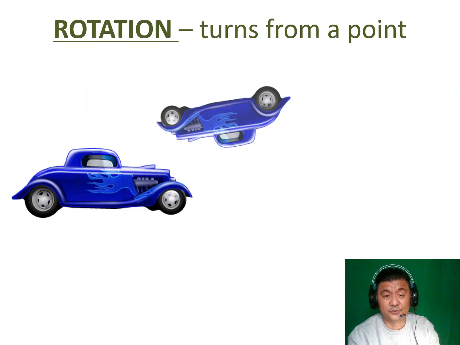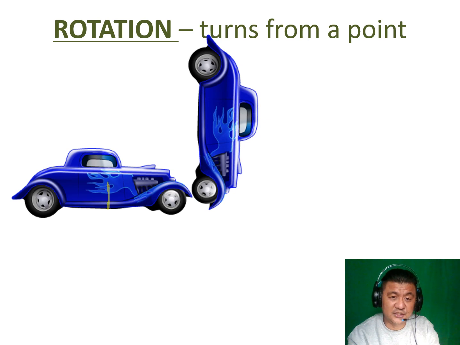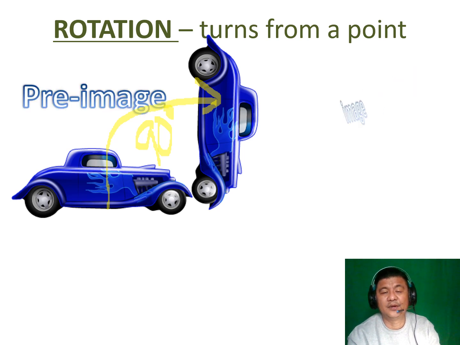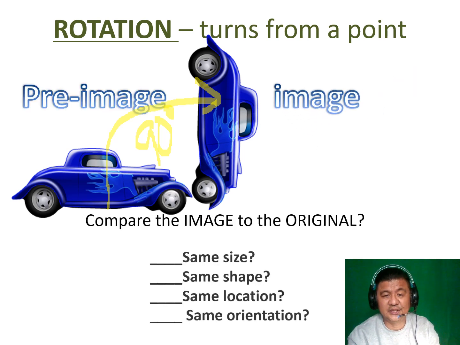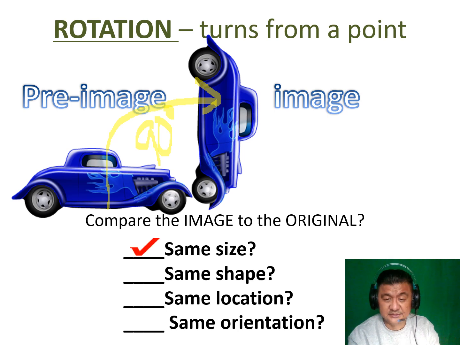Now we look at rotation. Imagine this car was turned around. That's called clockwise 90 degrees. Okay, check this out. We want to compare again the pre-image and the image. The size, yes, they're the same. The shape, yes, they're the same.